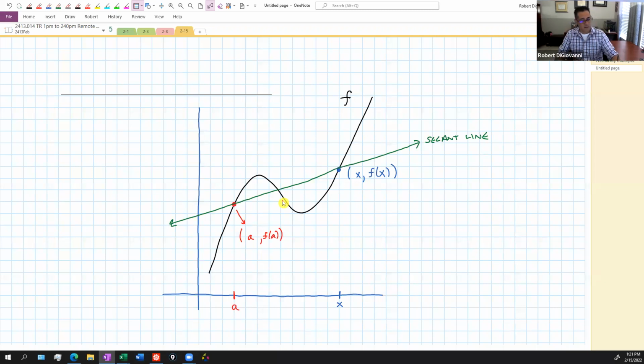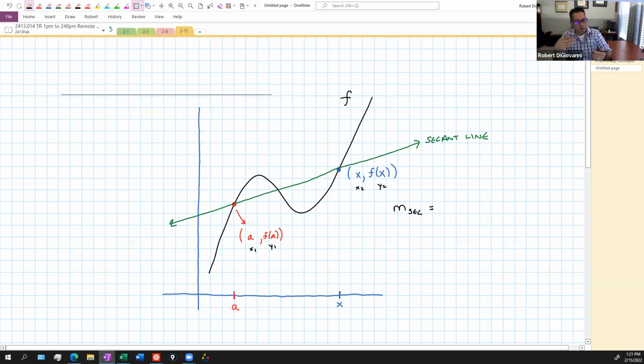So let's do that. Let's start with the slope. The slope of this secant line should be the difference of the y coordinates, right? Let's label these. This is kind of like x1, y1, and this is like x2, y2.